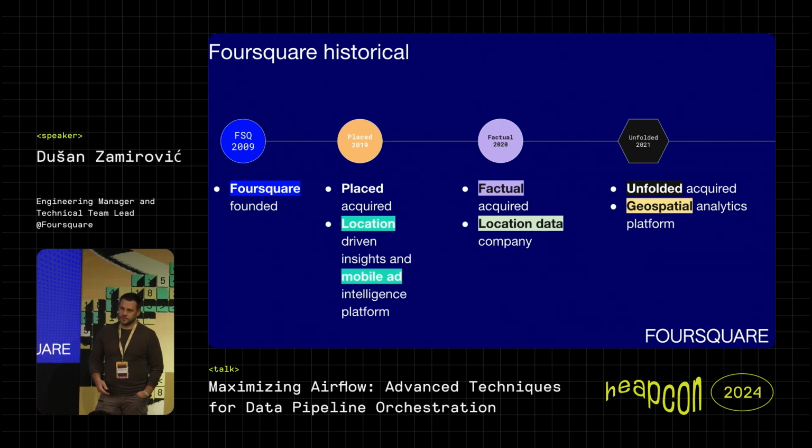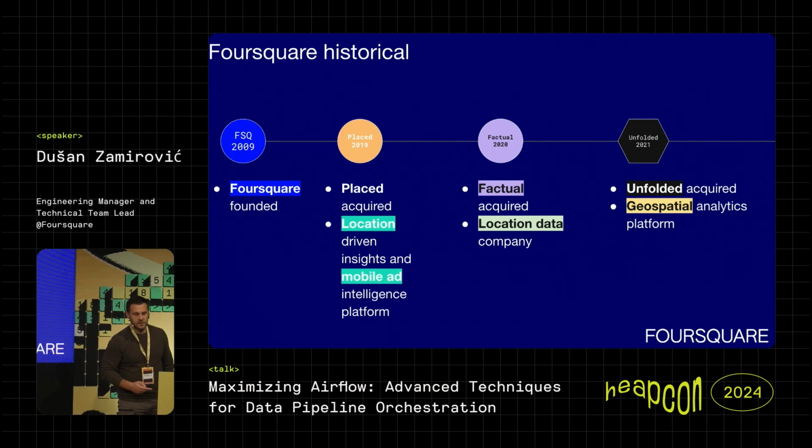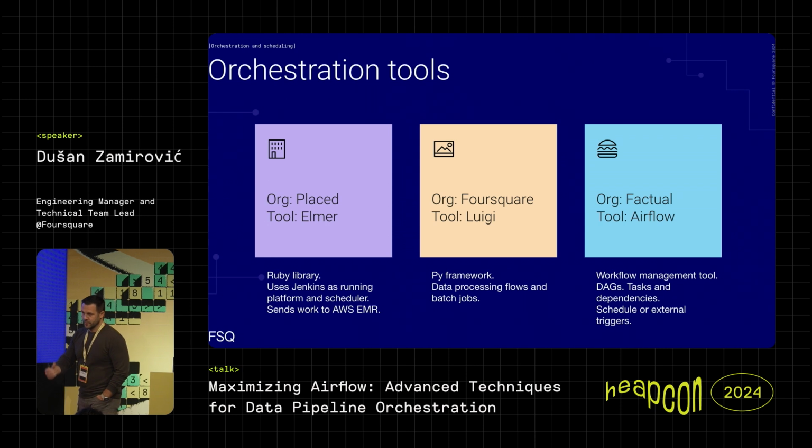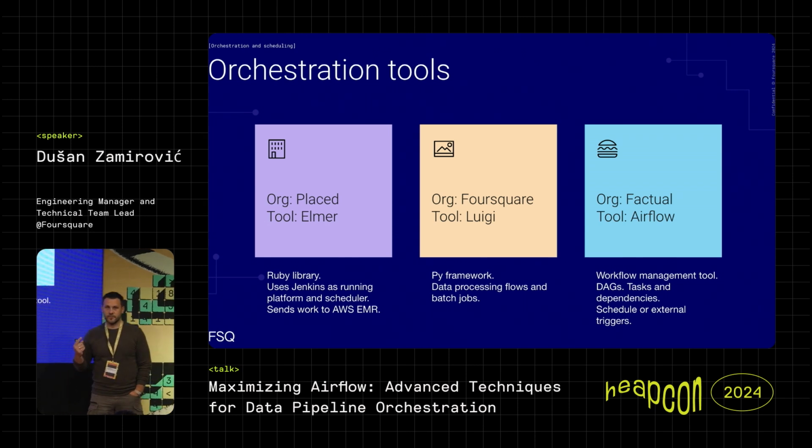That's Foursquare Studio; previously, it was Unfolded Studio. If you have data analysts working in SageMaker and visualizing geolocation data, what you see is actually Studio packed into AWS. The orchestration tools that we have currently in Foursquare come from Foursquare, from Placed, and from Factual.